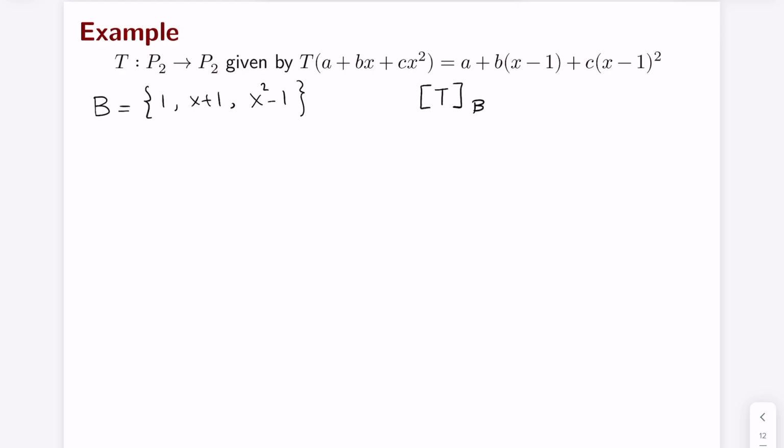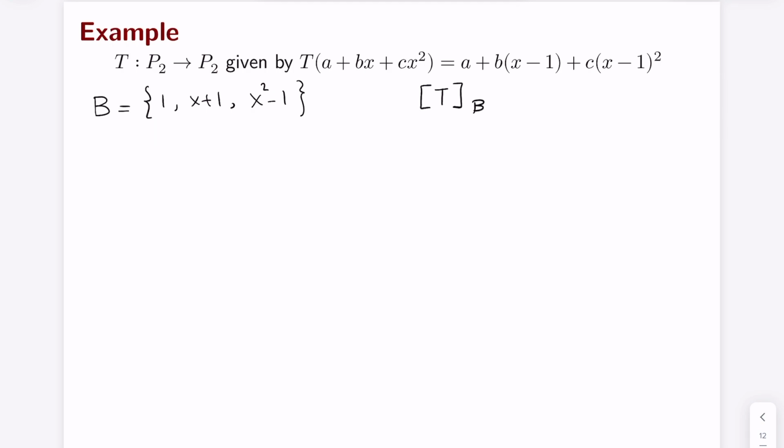And the base is the base 1, x plus 1, and x squared minus 1. Okay, so following our previous process, we are going to start by finding the image by T of the vectors in the base B.